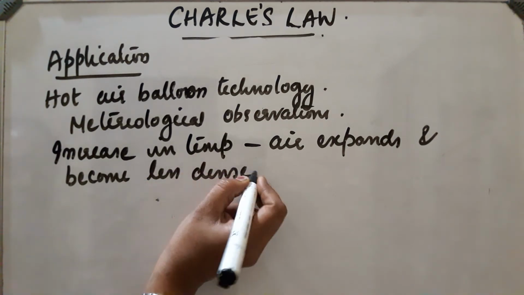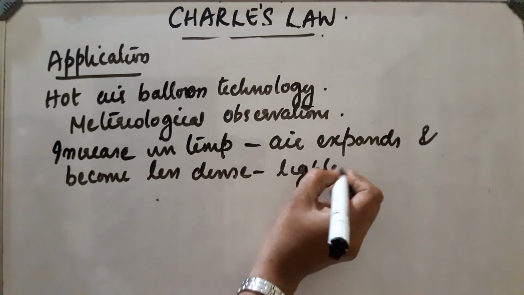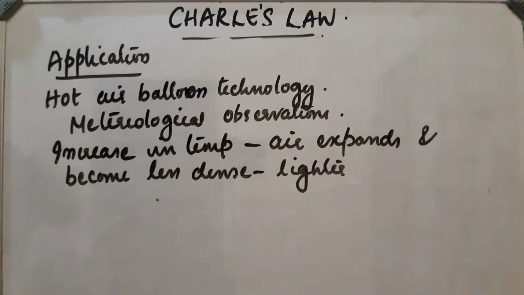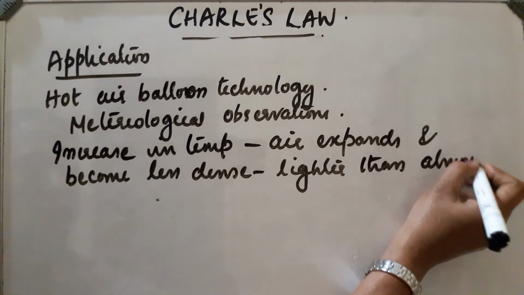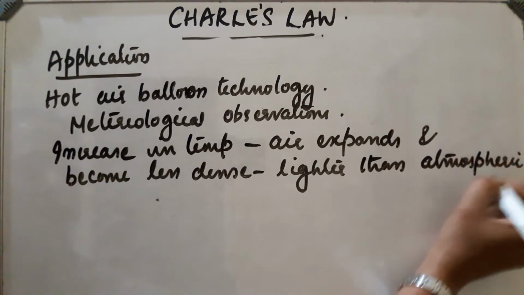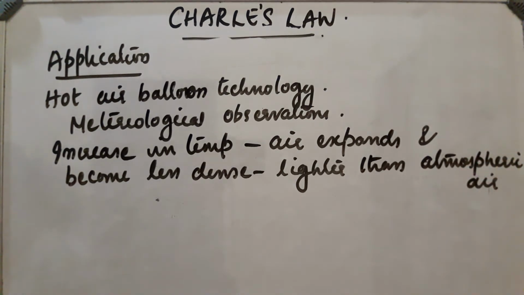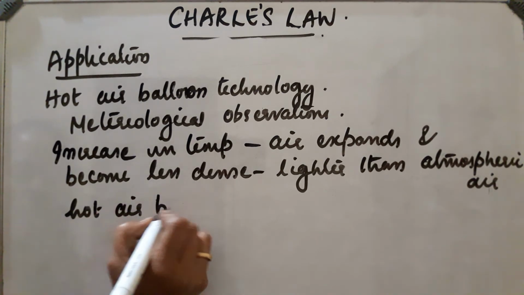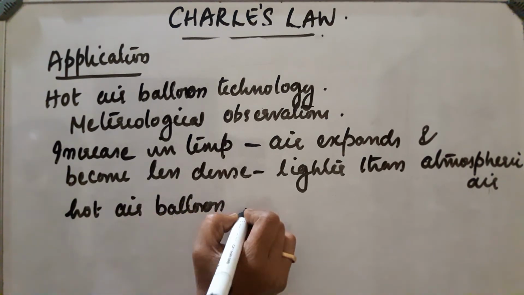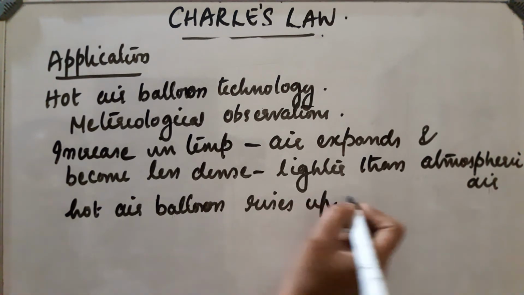Less dense means lighter. So the hot air balloon becomes lighter than atmospheric air. What happens? The hot air balloon rises up and floats in air, so it can be used for meteorological observations.